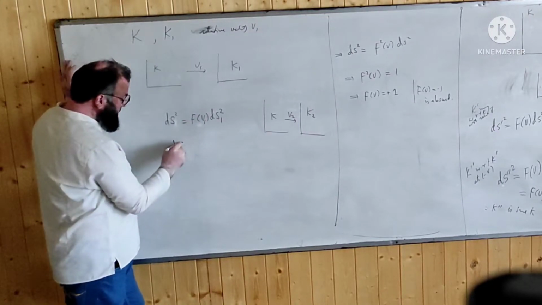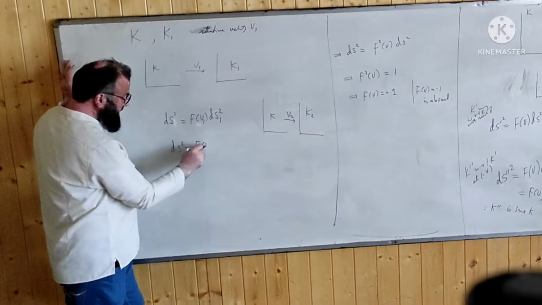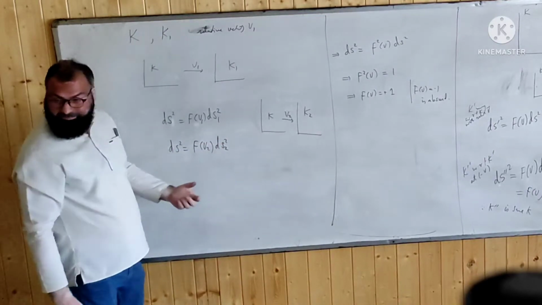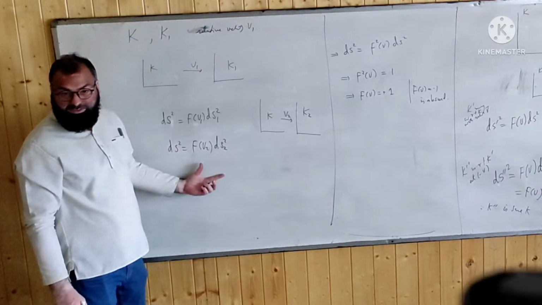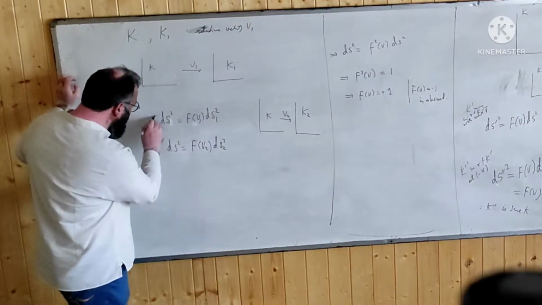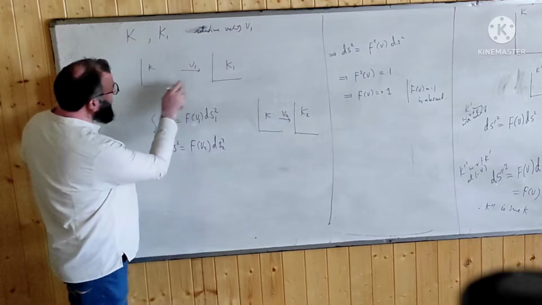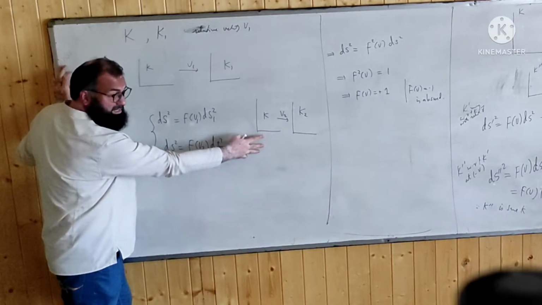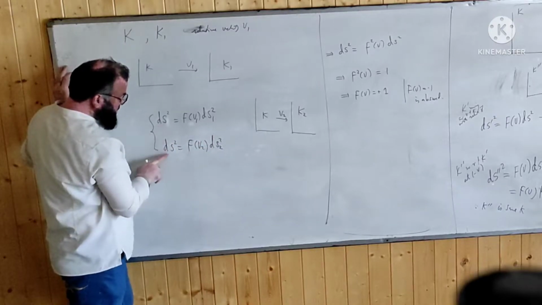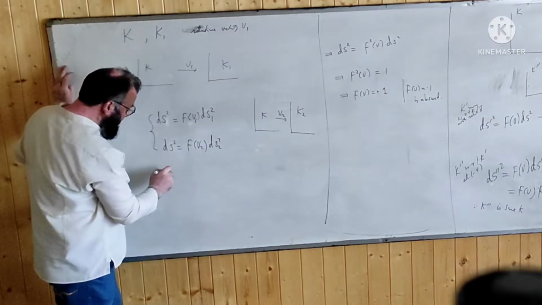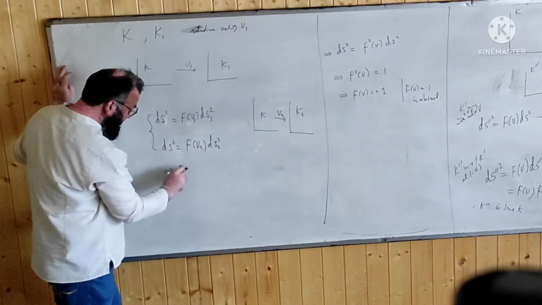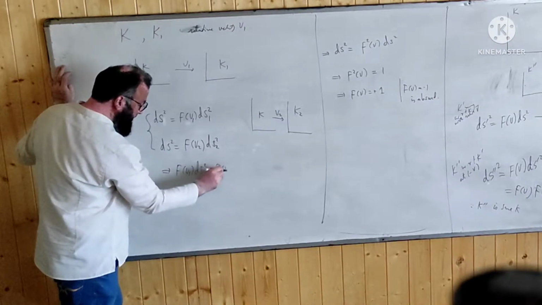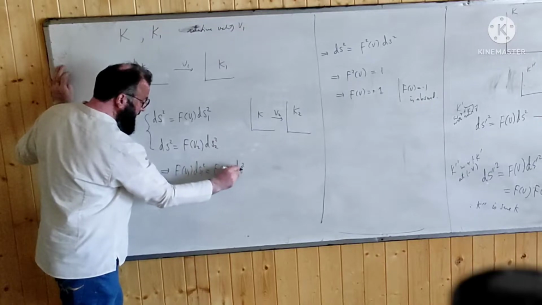So ds square will be the same as f of v2 ds2 square. Since k1 and k2 are both moving with respect to k, ds square is the same here, so I can equate the two, which gives me f of v1 ds1 square is equal to f of v2 ds2 square.